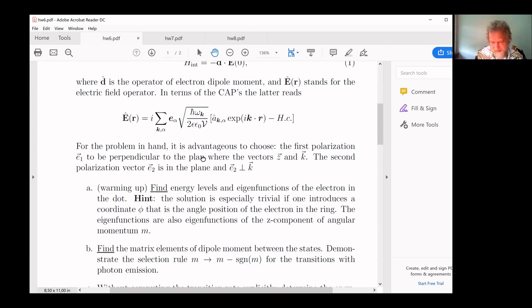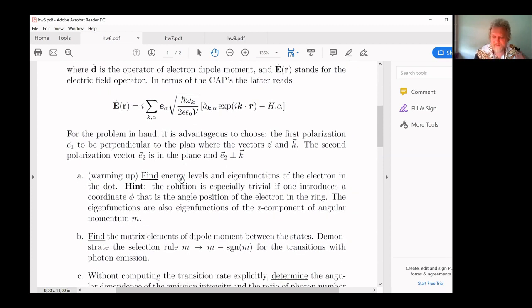Okay, there's at least one typo here, but I guess you understand this. So there are two vectors: z, perpendicular to the dot, and the vector of propagation of an emitted photon. All right, they form a plane. And the first polarization vector is perpendicular to this plane, right?